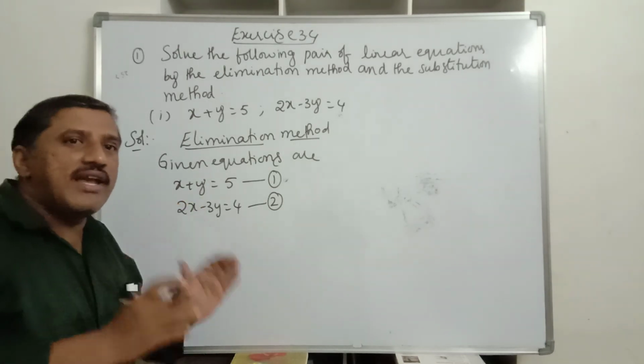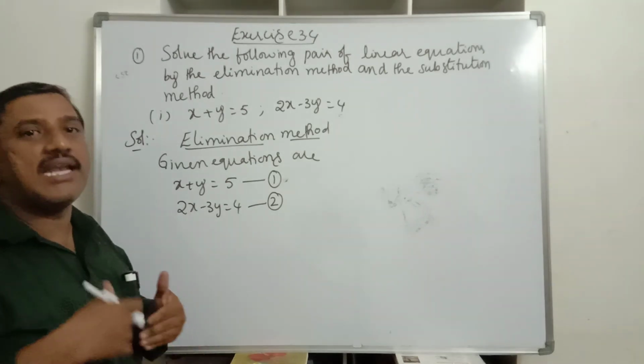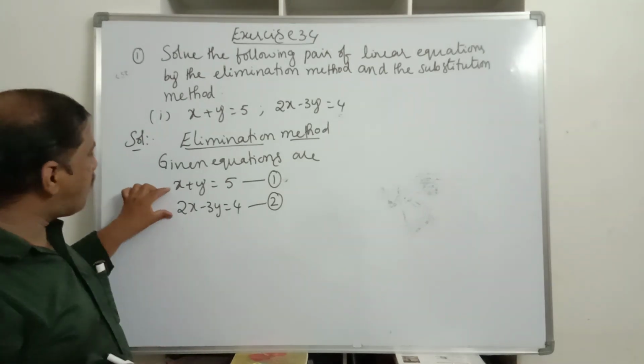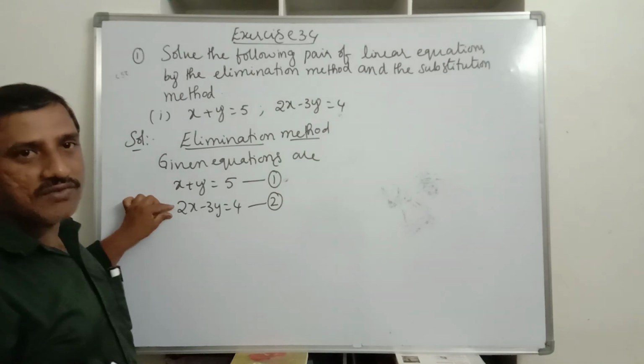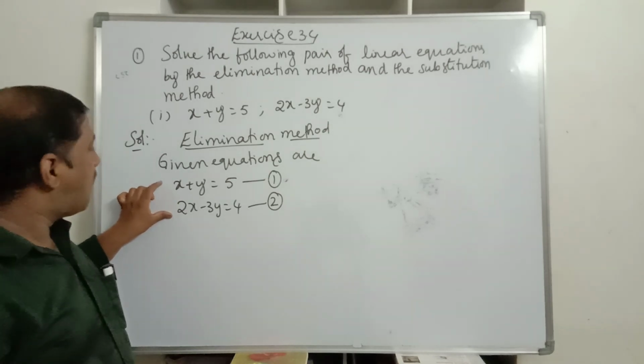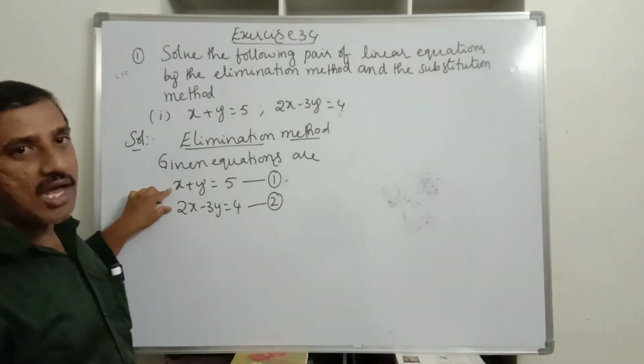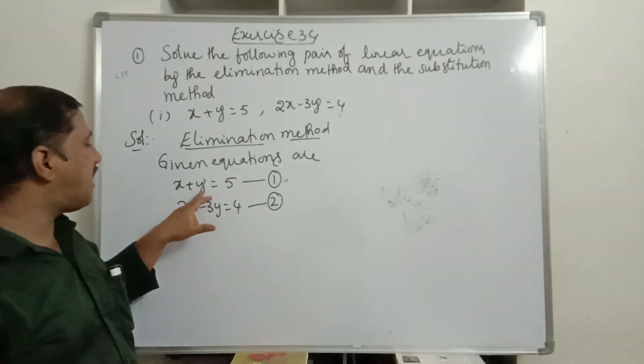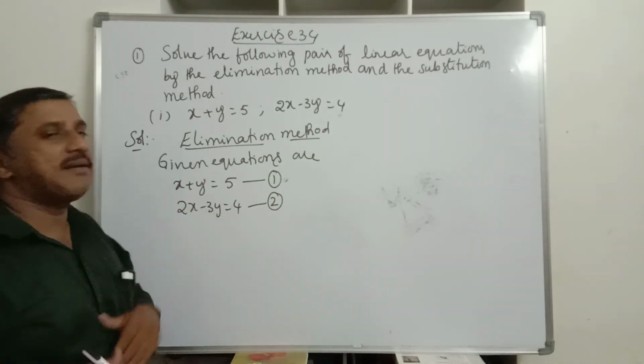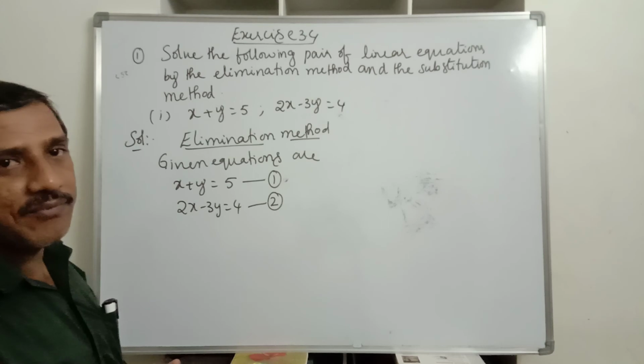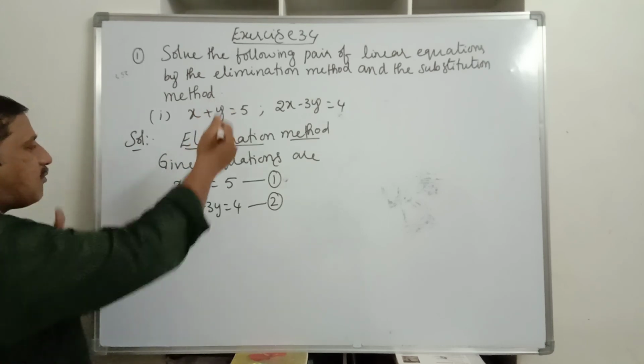As I told, we can equate the coefficients of any one variable. So if you want to equate the coefficients of x variable, multiply equation 1 with 2. If we want to equate the coefficients of y, multiply equation 1 with 3. Is it clear, children? So we can use any one.